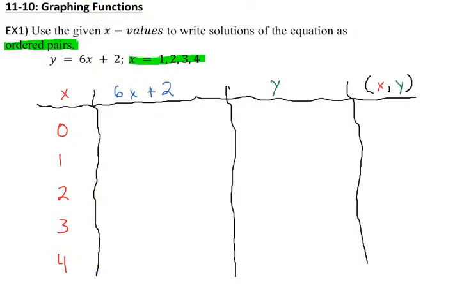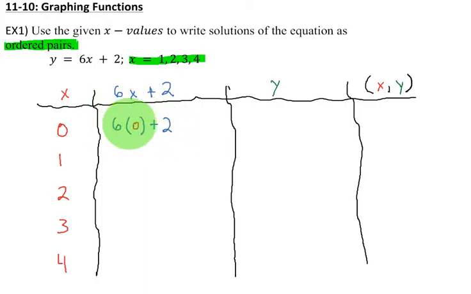The next thing I'm going to do is switch to my blue pen and rewrite this below as 6 times, not x, but what's our value for x in this first ordered pair? Well, that value is 0. So 6 times 0 in this case, plus 2.